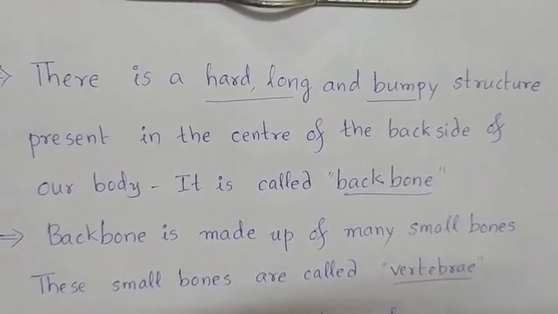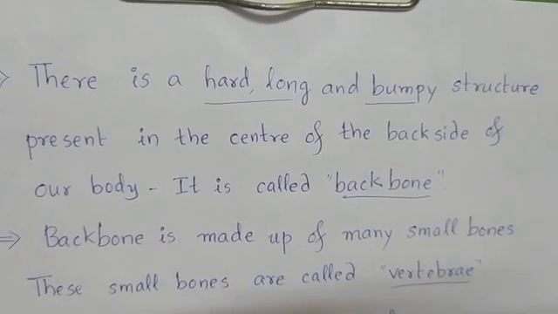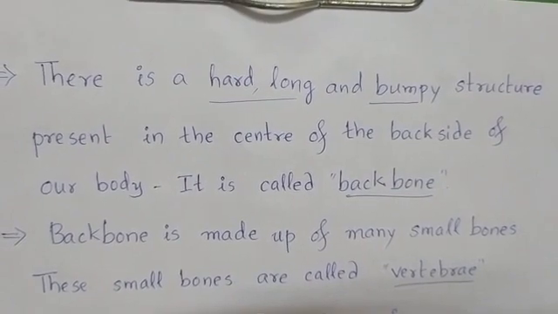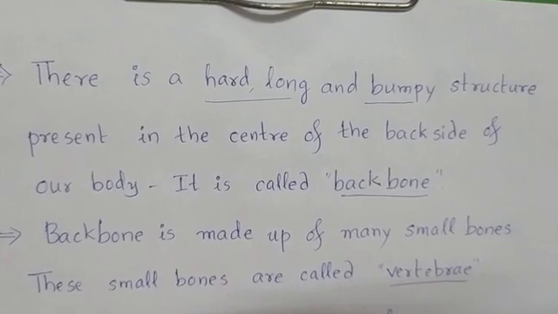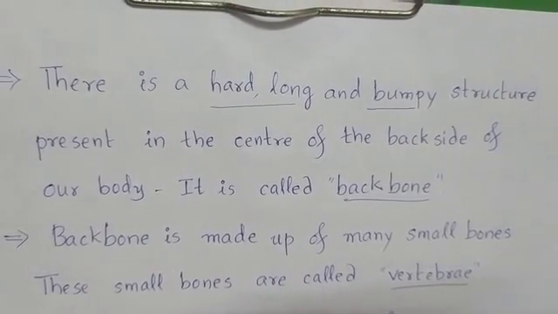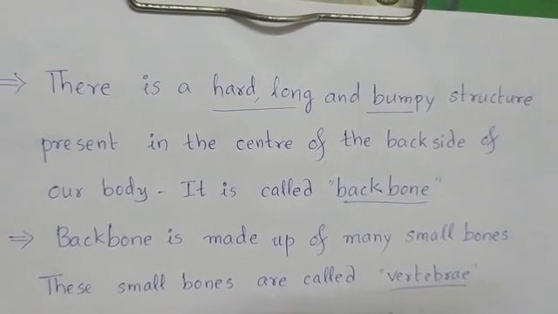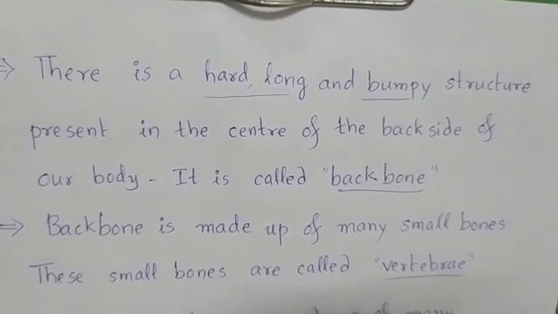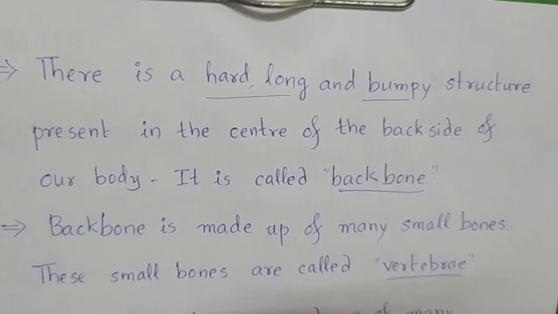The backbone is not made up of one single long bone. Instead, it is made up of many small bones, and all of them have joints between them. So they can make a forward and backward bending movement, like how your hinge joint allows forward bending, or one directional bending.